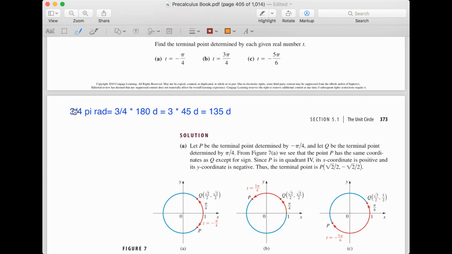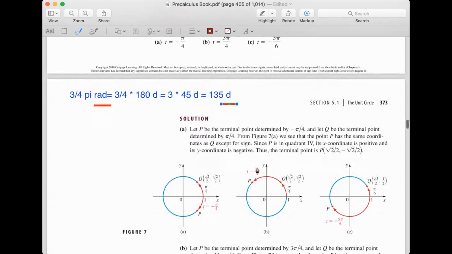That's how we convert from a radian to degree. Sometimes if the radian does not make sense for you, maybe you can think about degree, because degree usually makes more sense for most people. So 3 pi over 4 is 135 degree.